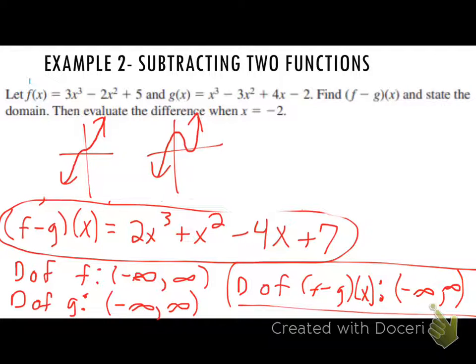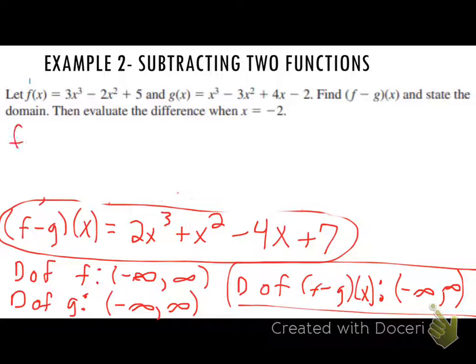Lastly, I'm going to give myself some more room over here. Is that an F or an X? Where? In the last one you just said, domain of F. So now it wants me to find f minus g of negative 2.